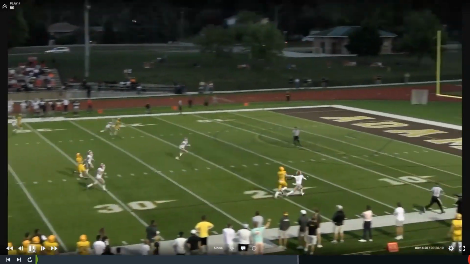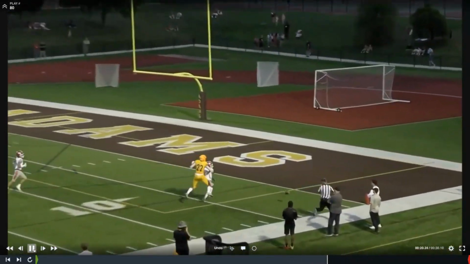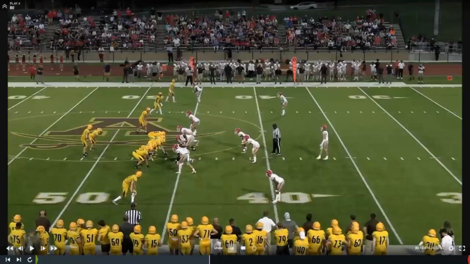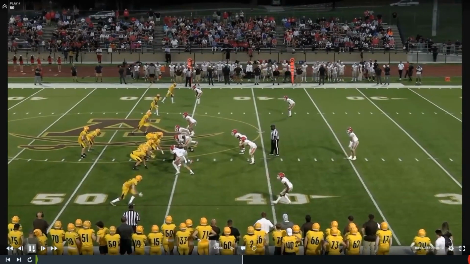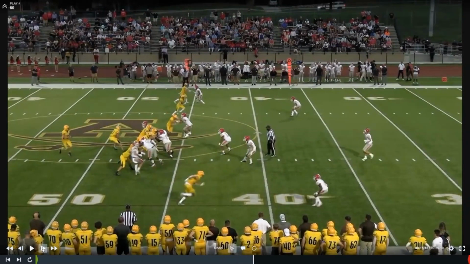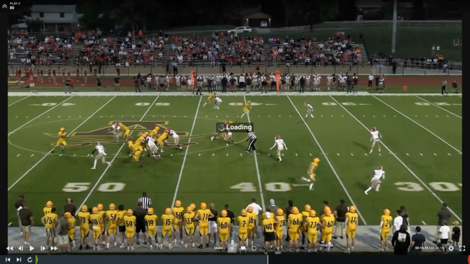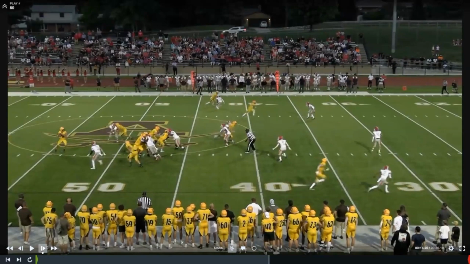Now, the quarterback quickly looks to the trip side of the field with the whole idea of making, watch the safety that's on the hash mark. When the quarterback looks to his left, what does he do? He's playing the eyes of the quarterback, and he starts towards the trip side of the formation. That takes him out of the play.